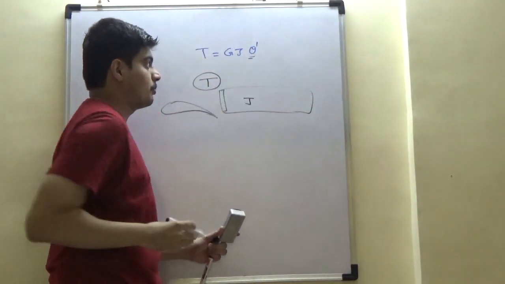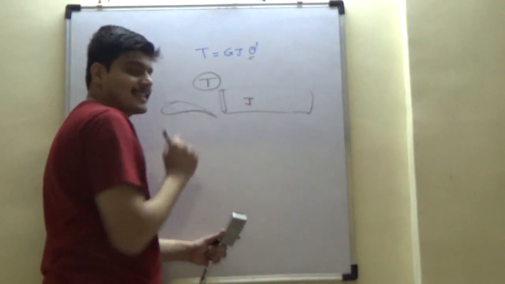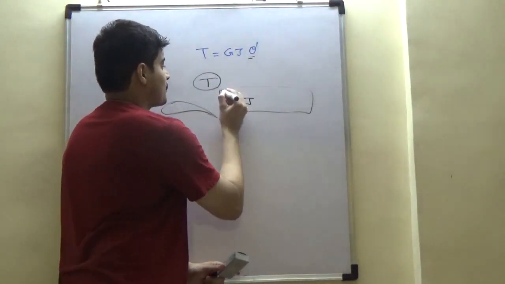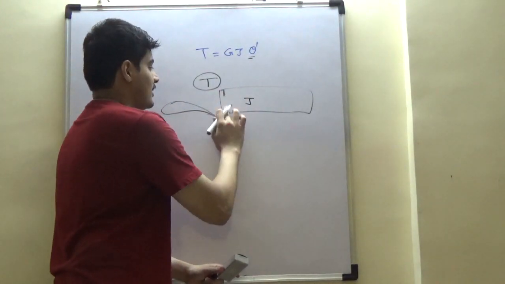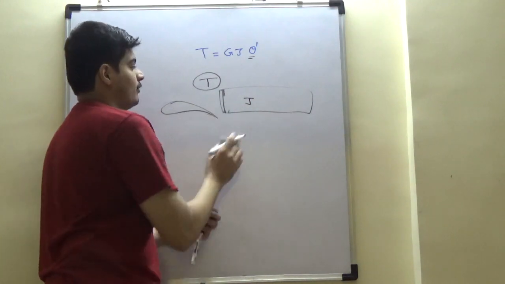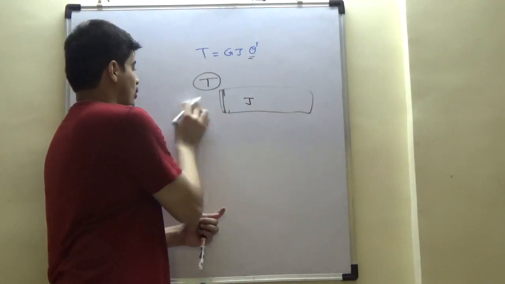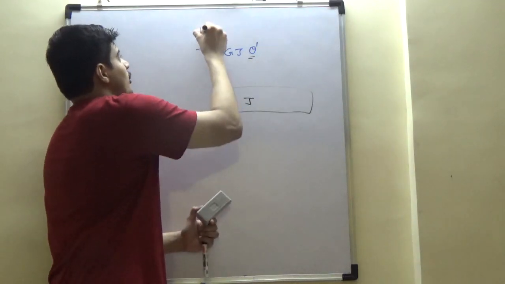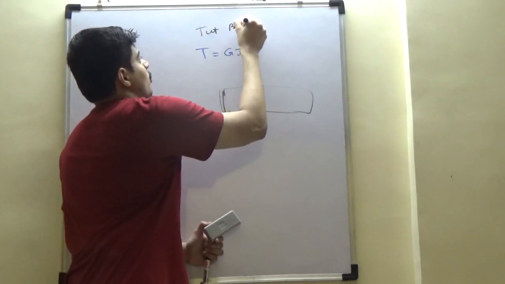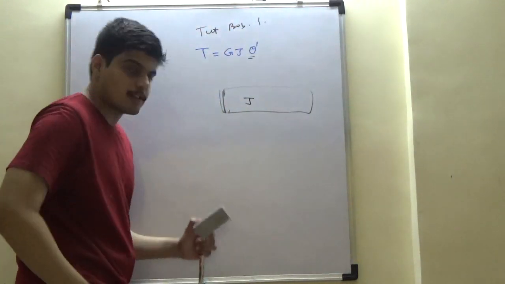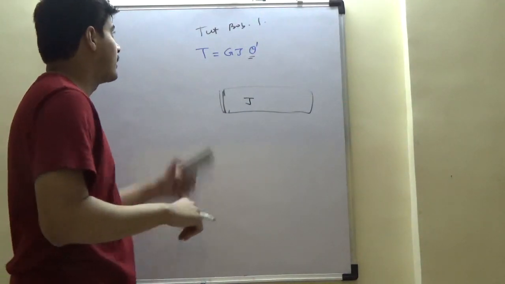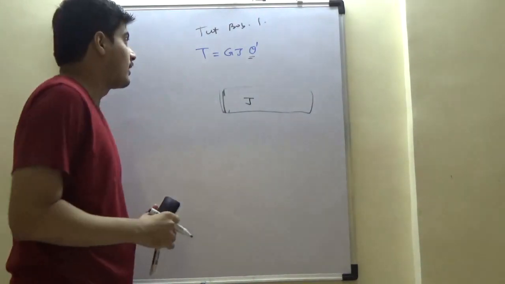Where does this come into the picture? Elasticity, aeroelasticity problems. See, this is my one section of the wing, right? So I'm just going to explain this as tutorial problem 1. It is not a GATE problem, it is not a competitive objective problem, it is a theoretical problem.